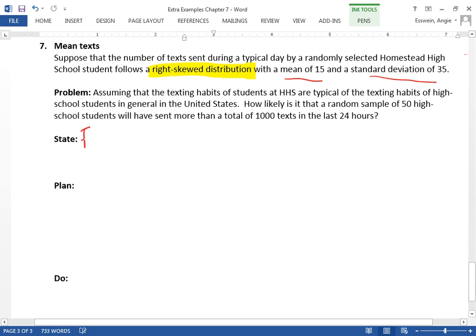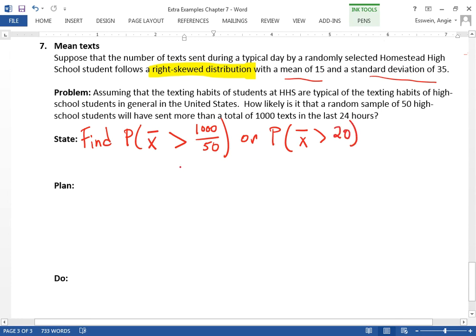So we want to find the probability that X bar, the average, is more than 20, which comes from taking 1,000 texts and dividing by 50 students. So we're looking for the probability that X bar is greater than 20, in our sampling distribution of X bars.